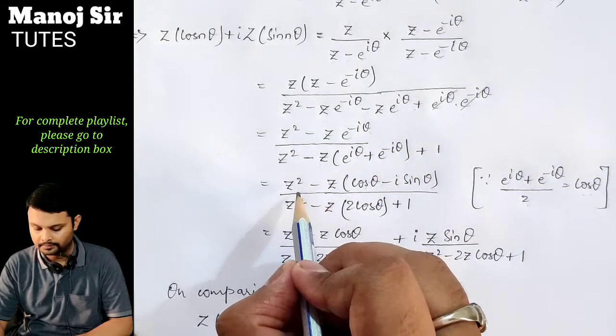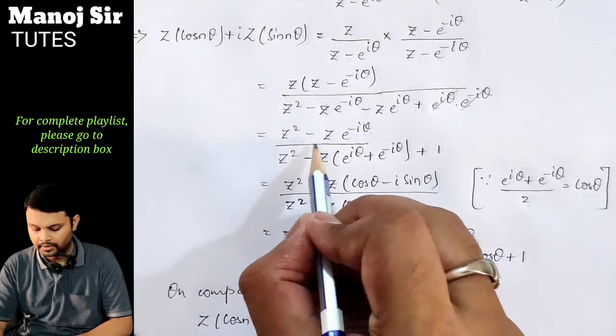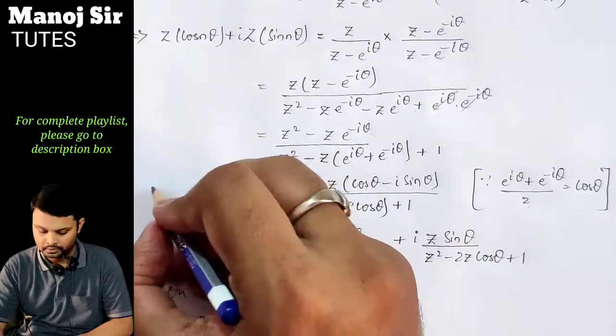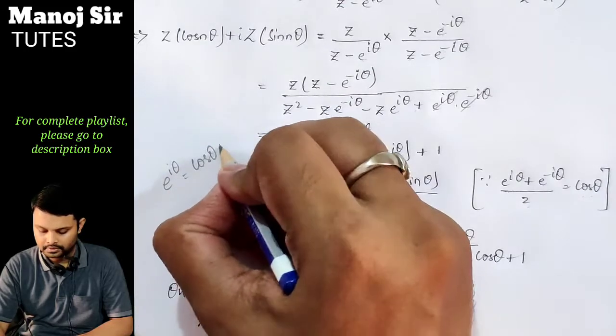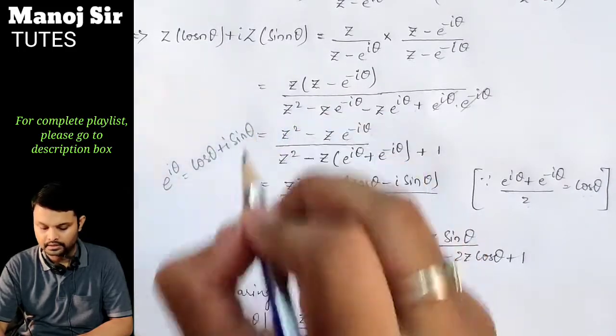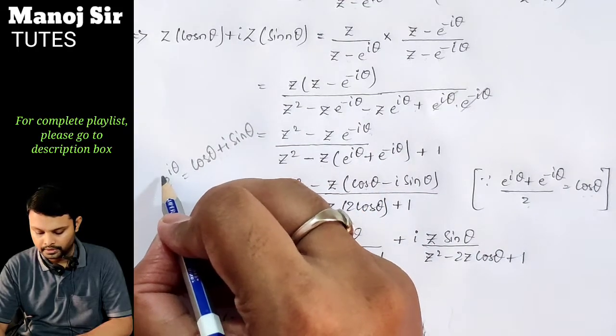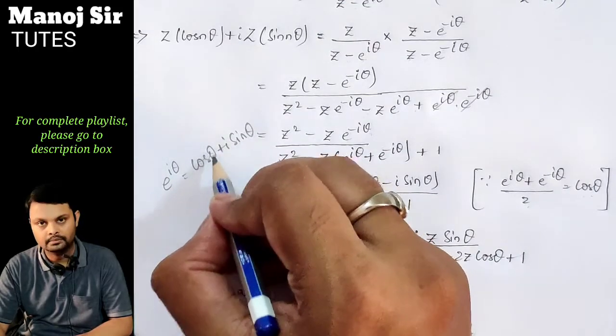Now here z² − z into, what is this? We know that e to the power iθ equals cos θ + i sin θ. But if you take negative sign, then this will also become negative sign.